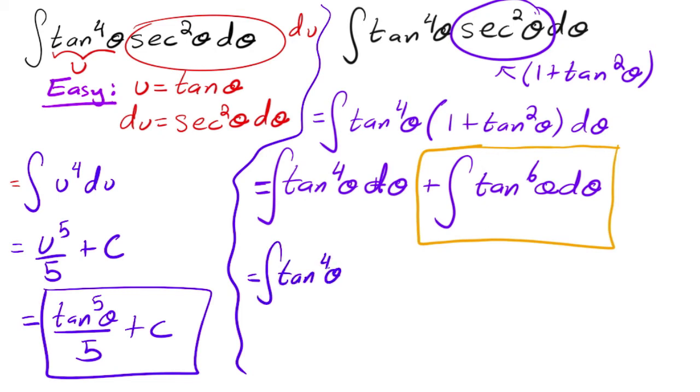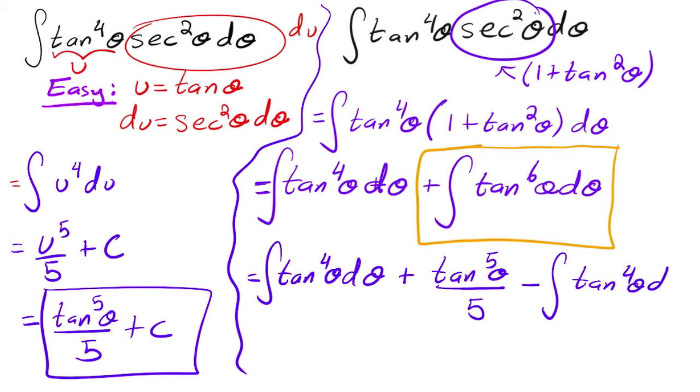Now, if you were to do the reduction formula on both, then you would still get the right answer, but it would take you quite a while. Okay, so if I use the reduction formula on this one, I would get plus tangent to the fifth theta over 5 minus the integral of tangent to the fourth theta, d theta.